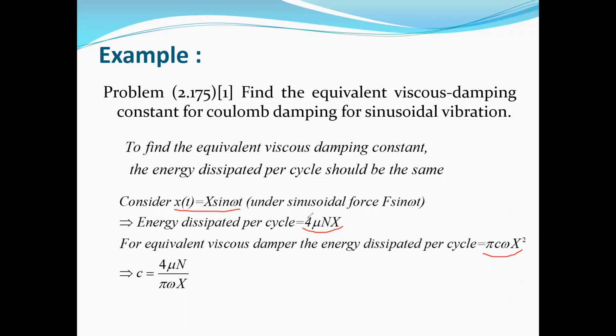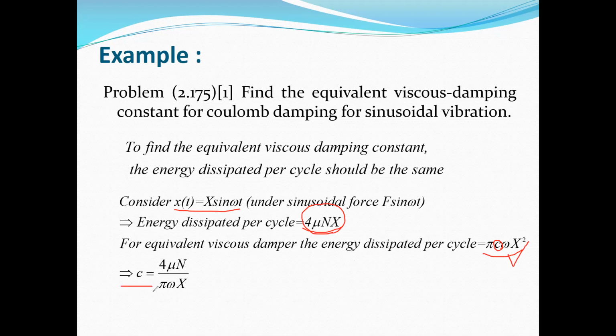If we use these two equations, we can extract the equivalent c for a system with Coulomb damping, and it's equal to this term divided by the coefficient of c in this equation, which is pi times omega times X squared.